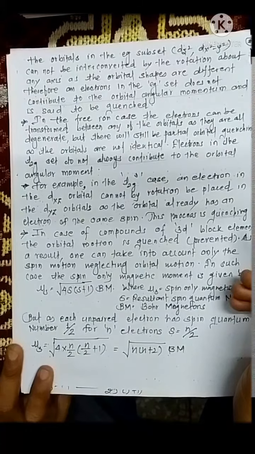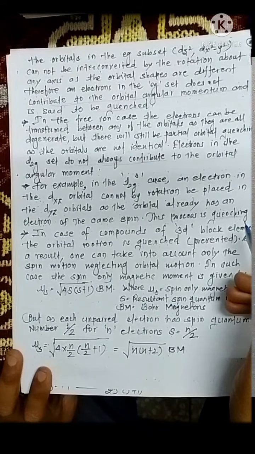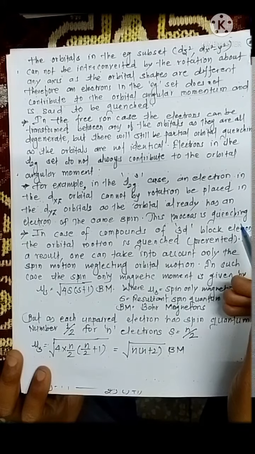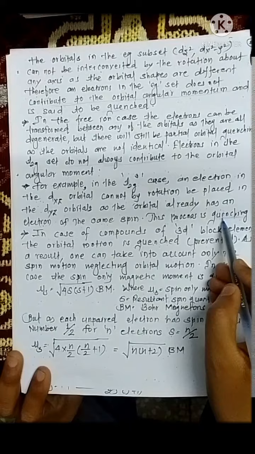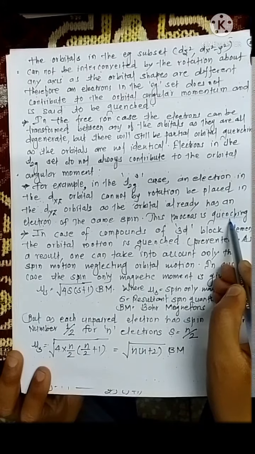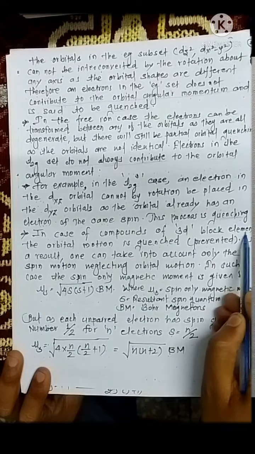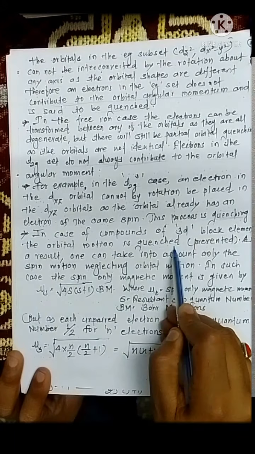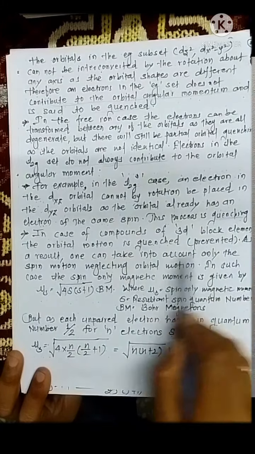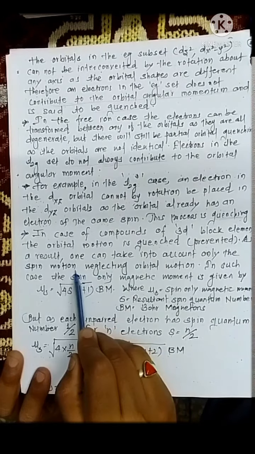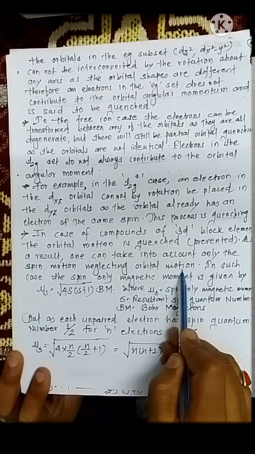When an electron cannot be placed into another degenerate orbital by simple rotation, then that process is simply known as quenching, that is prevention. In compounds of 3d block elements, the orbital motion is quenched, that is prevented. As a result, one can take into account only the spin motion, neglecting the orbital motion.